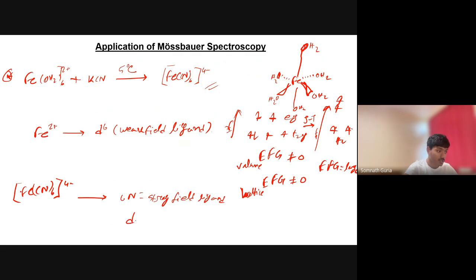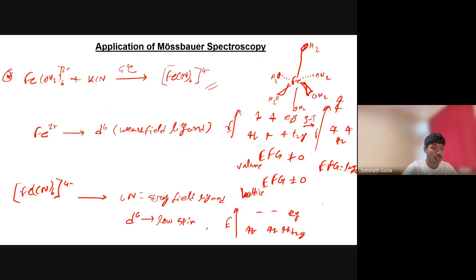So this is d6 low spin. If d6 low spin, how will my electron distribution be? Here is the eg, here is the t2g. As it is low spin, all the orbitals will be paired up and eg will be vacant.